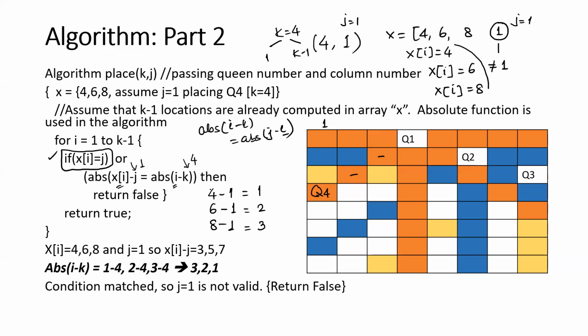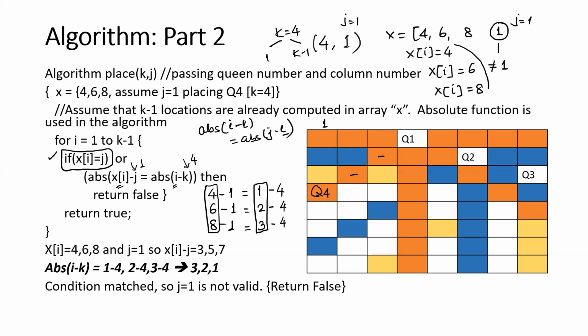So this is a variable, 4, 6, 8, because this varies with the value of I, and this is the variable because it is itself I. And what is k again? K is constant, which is our queen number. So we are writing here 4, 4, 4.